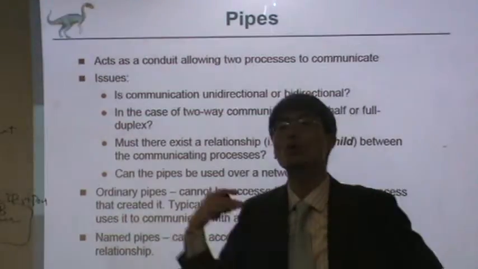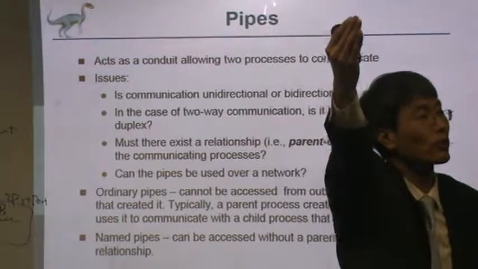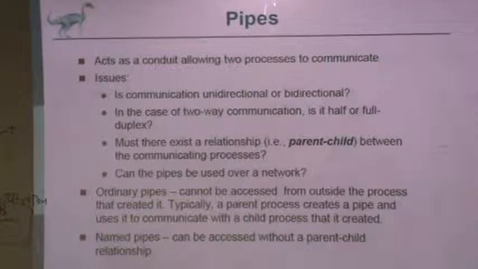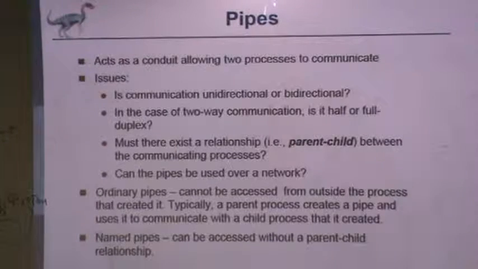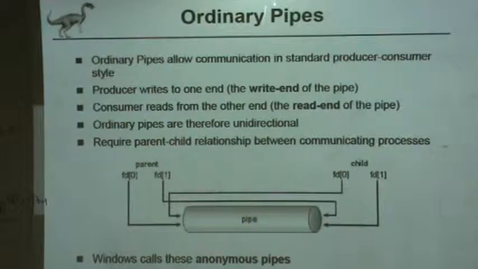With a socket, as long as you know the IP address and port number, you can connect to the server and receive the data. However, the pipe does not allow it. However, if you specify the name of the pipe, which is called a named pipe, then as long as the child process knows the name of the pipe, it can connect to the pipe and get the data.